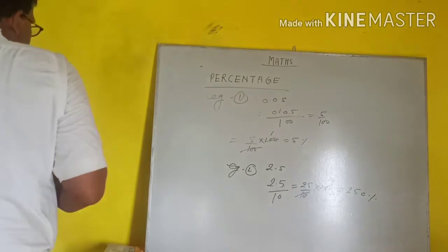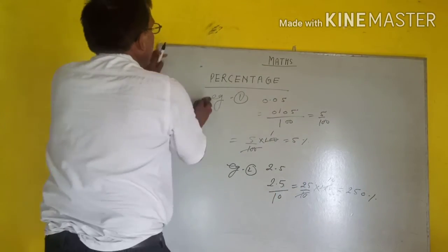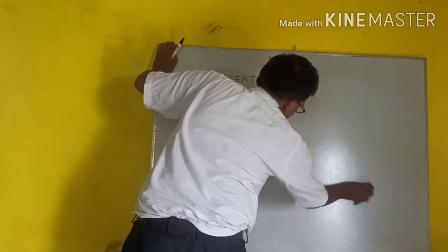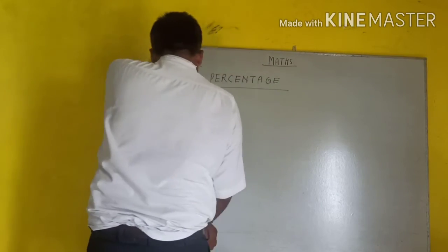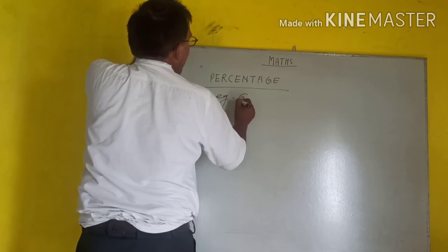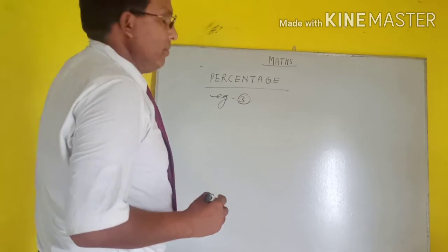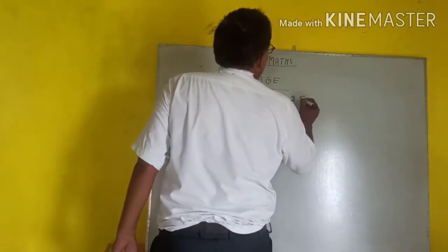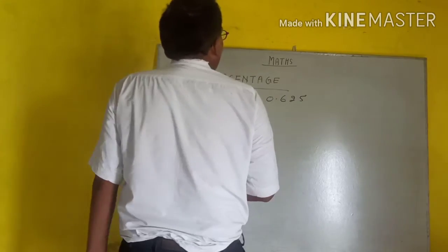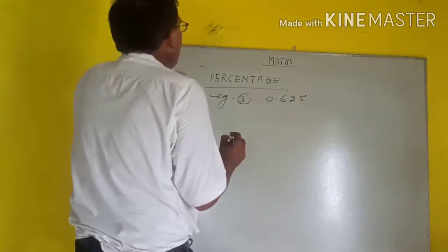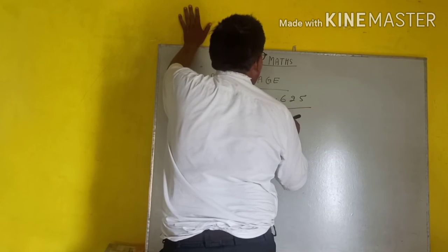Now I take another example. Example third. If there is written 0.625, how do you convert it into a percentage? See here, under the decimal you write 1.